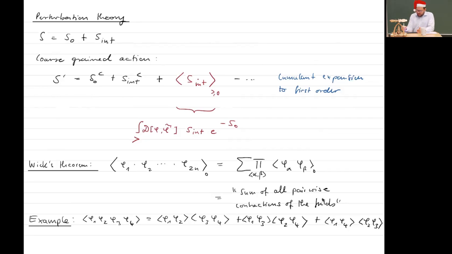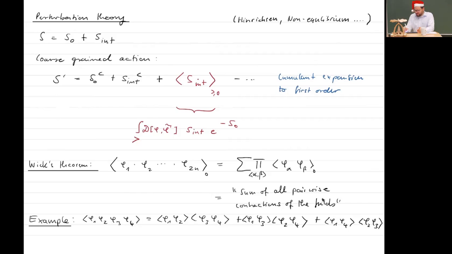If you're interested in the details, there's a review by Hinrichsen on non-equilibrium phase transitions.